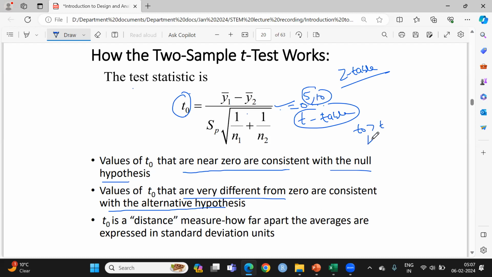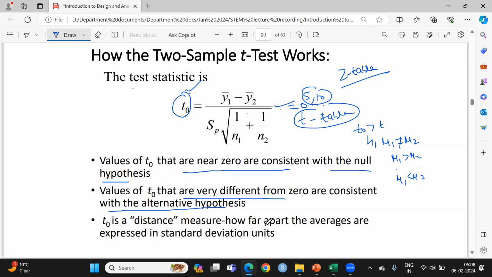Whatever alternative hypothesis we have framed, if it is not equal to, then we say they are not equal. If it is written as greater than, then mu1 is greater than mu2, and if it is written as mu1 less than mu2, then it is mu1 less than mu2. So based upon comparing the T naught value with the tabulated value, we make our final conclusion.